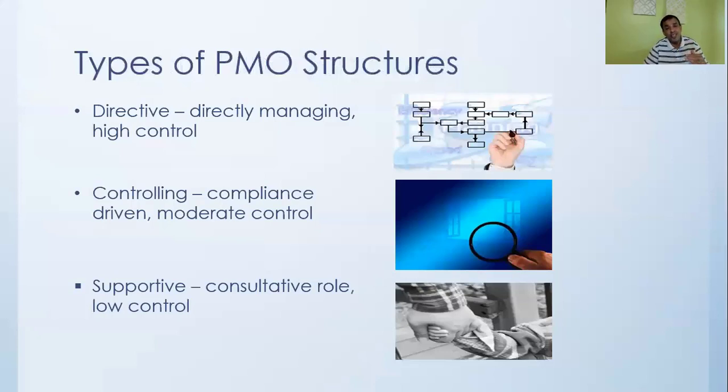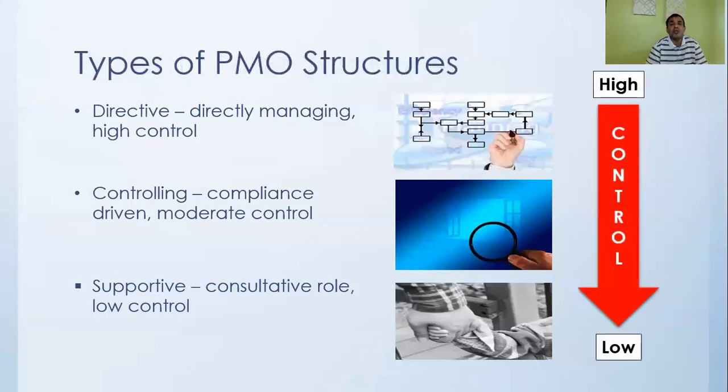So you see there are three types: directive, controlling, and supportive. And if you really look at how much control these different types of structures have, the highest is the directive, and then you have the controlling type of PMO structure, and the least control is the supportive type of PMO. They have very little control on your project.